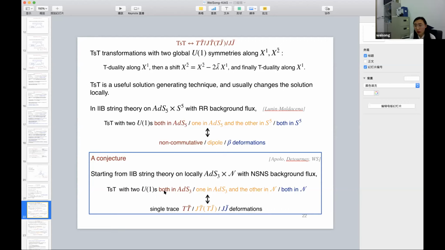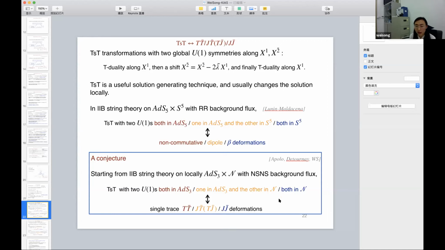So before, when we were talking about TTbar, in that case, these two U(1)s correspond to the two null directions in AdS3. And if you choose one U(1) in AdS3 and the other U(1) in the internal direction, the conjecture is that it corresponds to the JTbar or TJbar deformation.